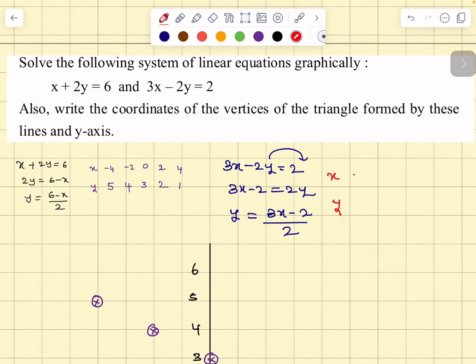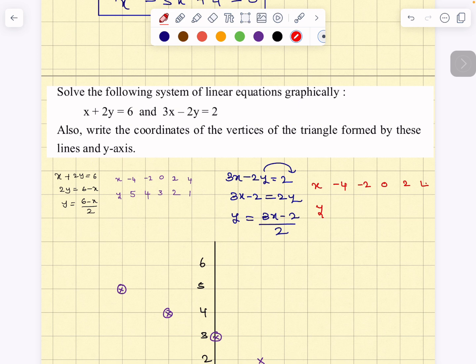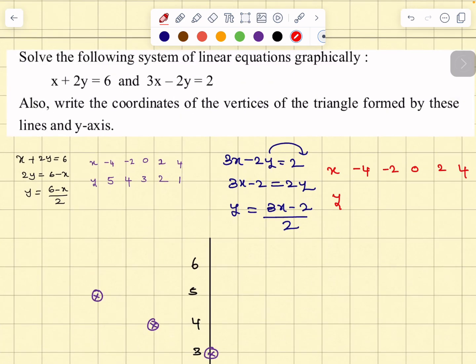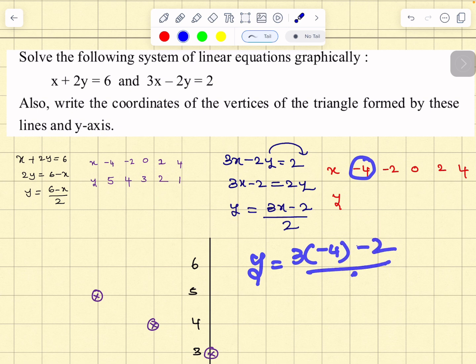Take the values minus 4, minus 2, 0, 2 and 4. When x value is minus 4, what is the y value? From this equation you find the y value. So y becomes 3 into minus 4 minus 2 by 2. 3 into minus 4 is minus 12, minus 2 by 2.